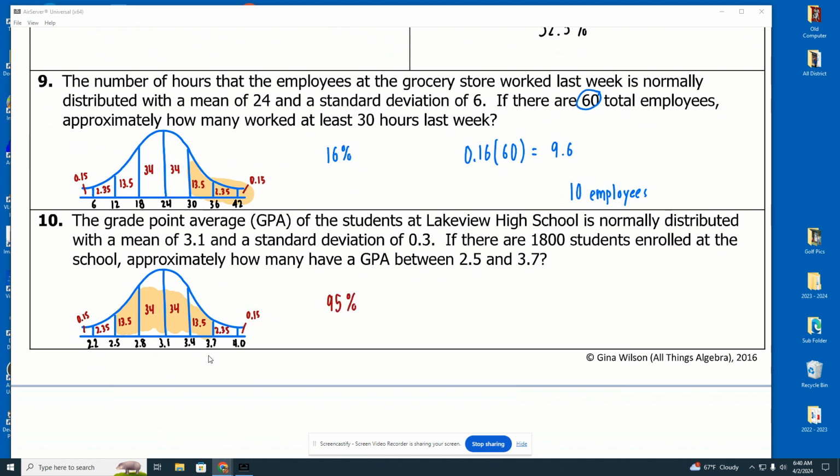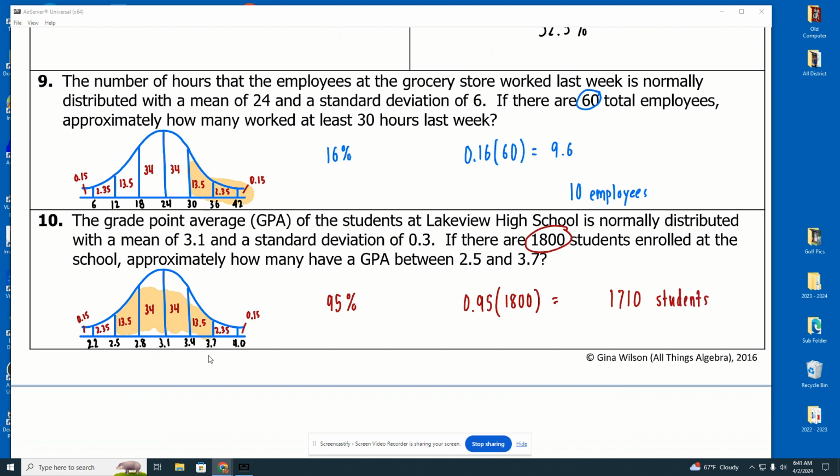So 95% is the percent of how many people, but they want to know a number, how many actually had that. So we're going to do 95% of 1,800 students. If you calculate that, I got 1,710 students. So there you have it.